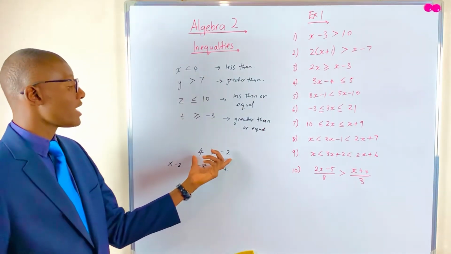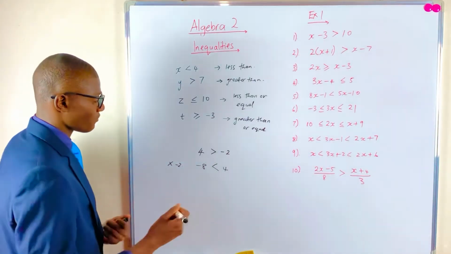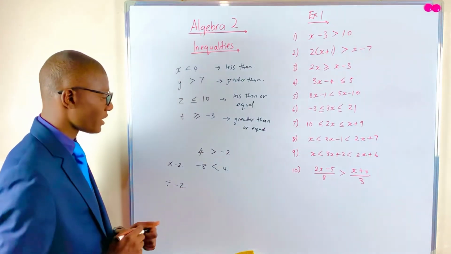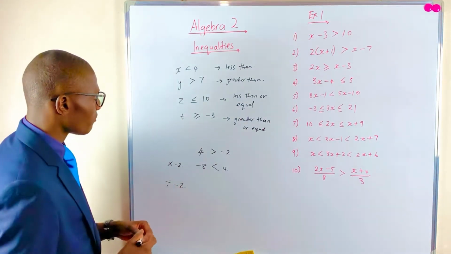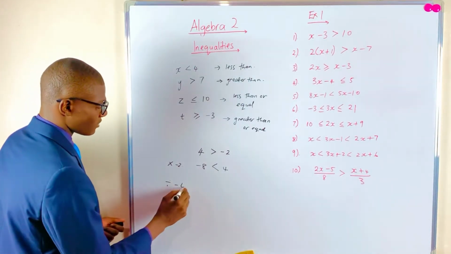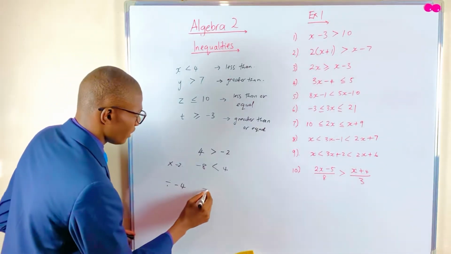Let's take the same original example, 4 being greater than -2. Let's say we want to divide both sides by -2, or maybe let me pick -4. So let's divide both sides by -4. So 4 over -4 will give us -1.